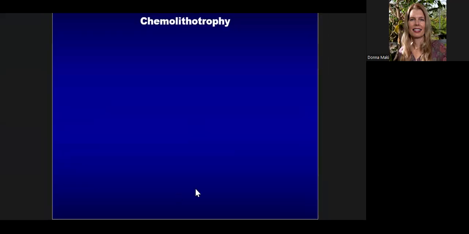Let me just introduce this term. Chemolithotrophy. Sometimes we just shorten it down and say lithotrophy, drop the chemo off. Chemo is referring to chemicals, and it's like, well, yeah, duh, there's chemicals. And so very often we drop that off. So lithotrophy, if you look up litho, it means rock eating, to eat rocks.